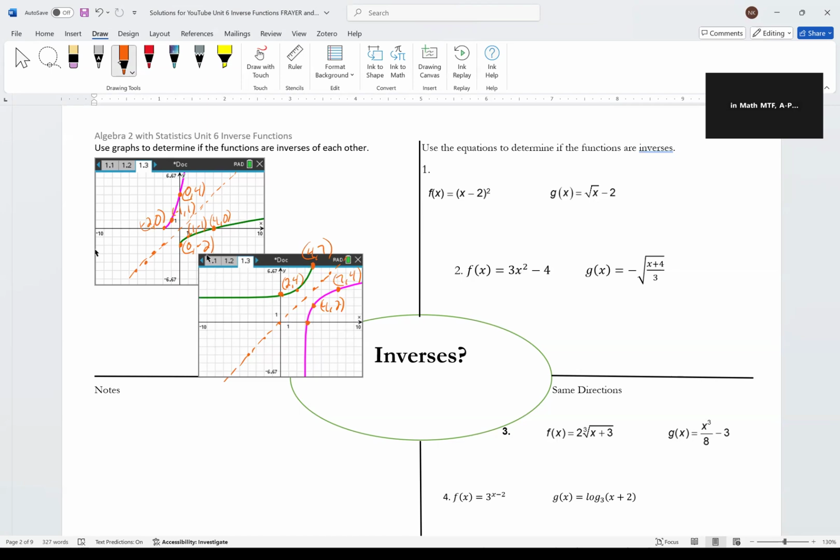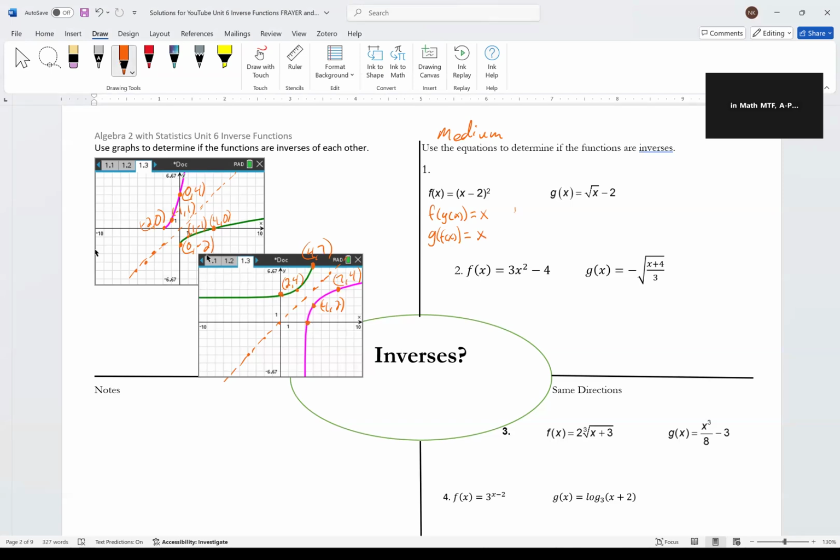All right, moving over to the medium section over here. If I want to know if they are inverses algebraically, I can go through the same route as what we did graphically, graph them, etc. But I do want to see that we know how to compose them. So remember, for inverse functions, the composition in both directions is equal to x because they are inverses, completely canceling each other out.